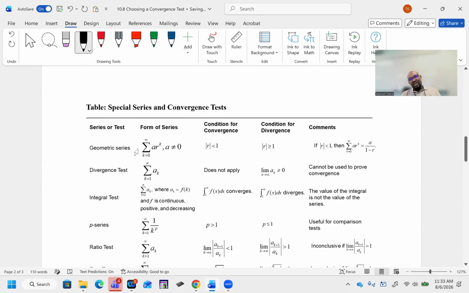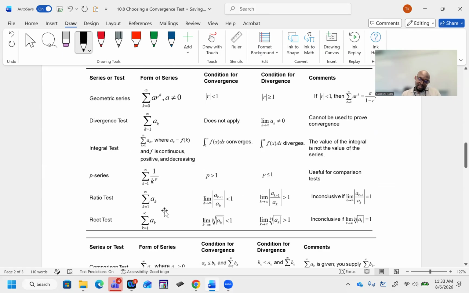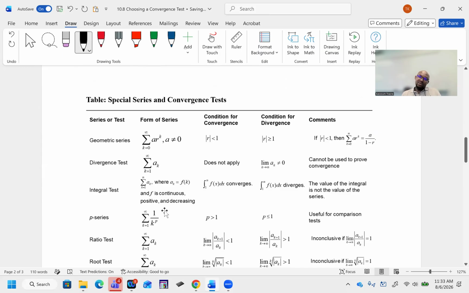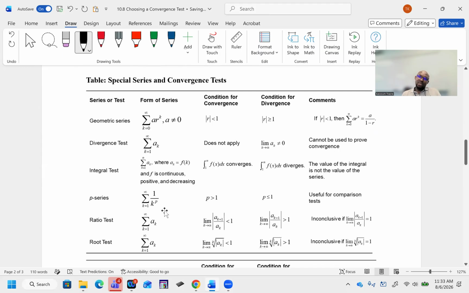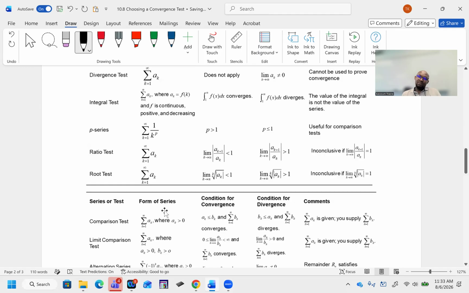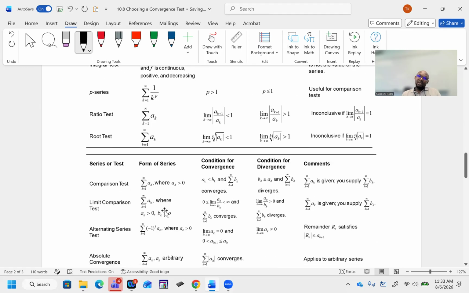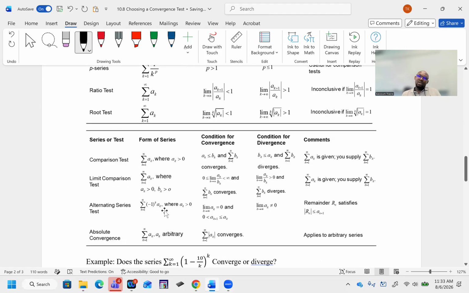You have the geometric series, the condition for convergence, the condition for divergence, and the comment. So read everything, pause the video, read, take notes if you want, and then we will start the first example from there.